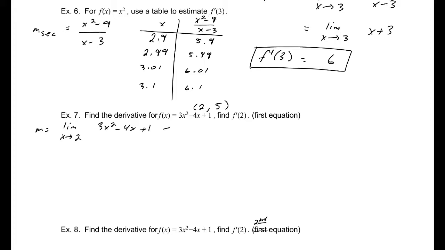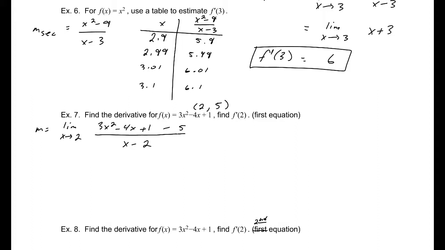I'm going to check that real quick. Let's see, 3 times 2 squared minus 4 times 2 plus 1. All right, that's 5. So minus f of 2, which is 5, over x minus 2. That's f of x minus f of a divided by x minus a.